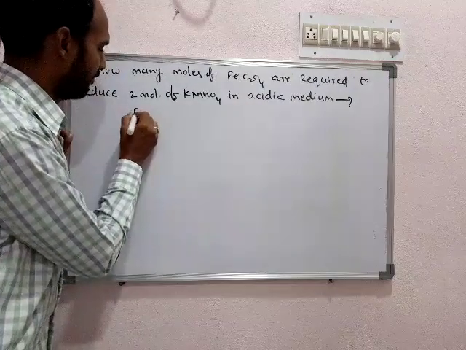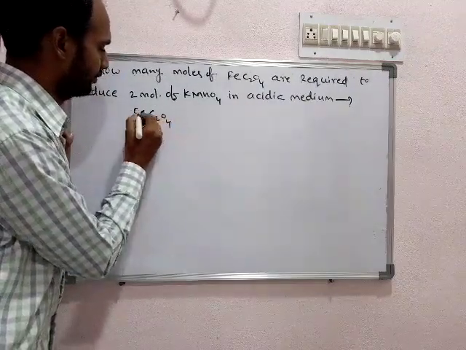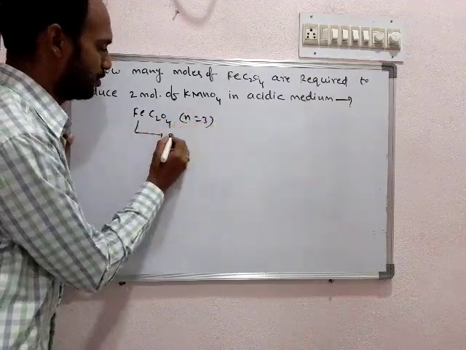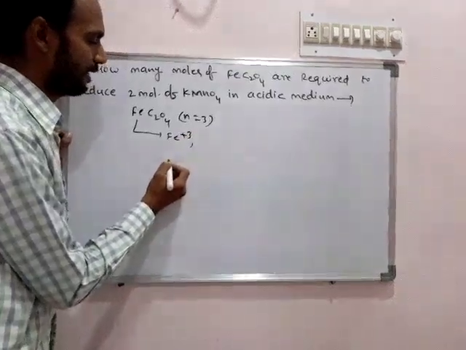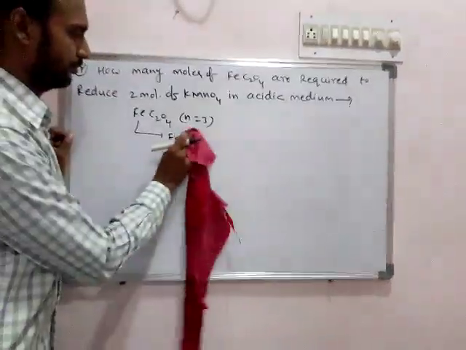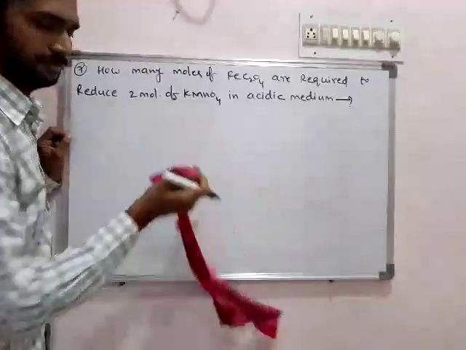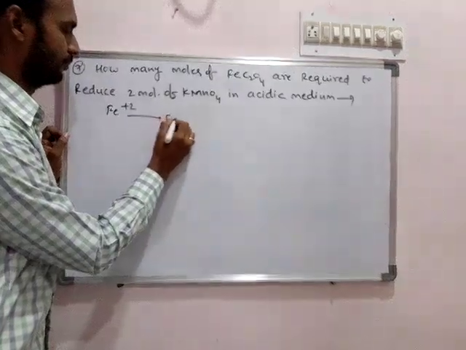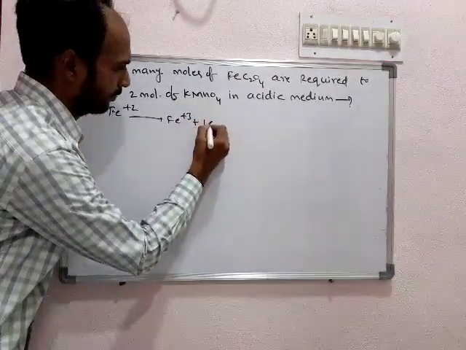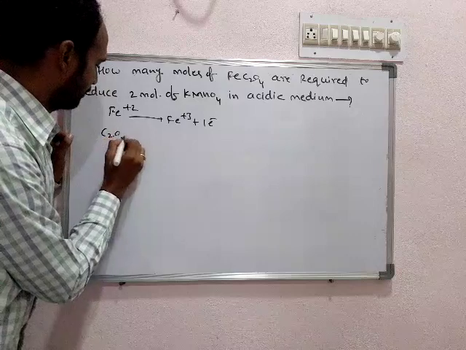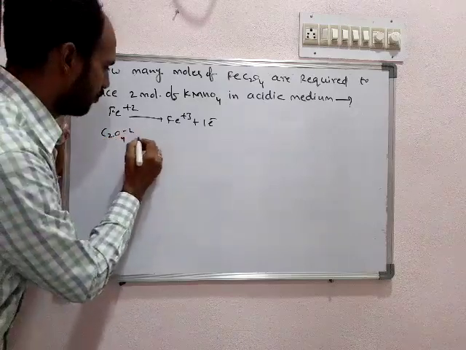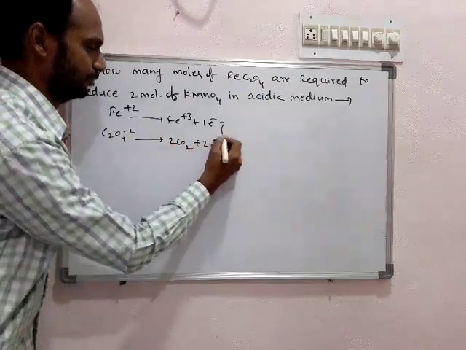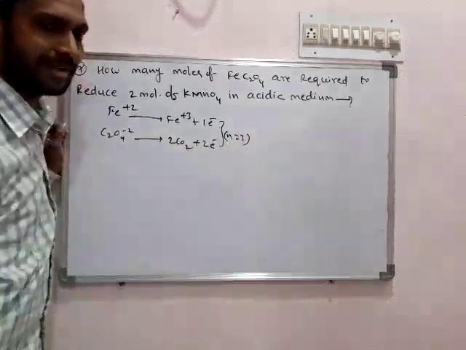So we know that FeC2O4 has N factor equal to 3, as Fe changes to Fe plus 3 and C2O4 minus 2 changes to CO2, total N factor 3.